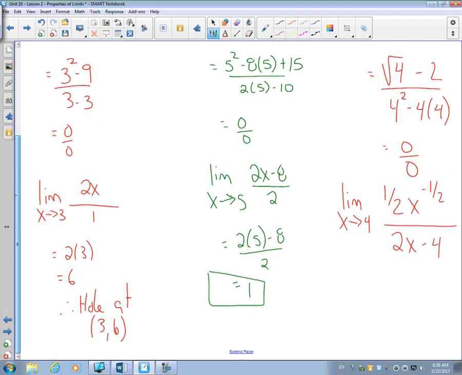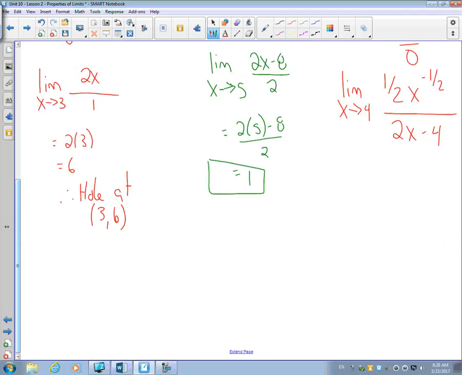Now let's see what happens as we approach 4. And we're going to get 1/2 times 4 to the negative 1/2 over 2 times 4 minus 4. Okay, what does this really mean? Well, you can try your calculator if you want to, there's nothing wrong with that. 4 to the negative 1/2 actually means 1 over 4 to the half, right?